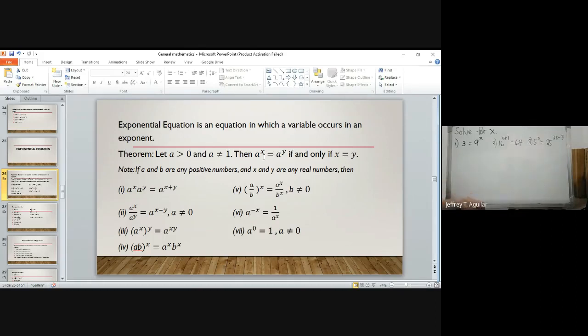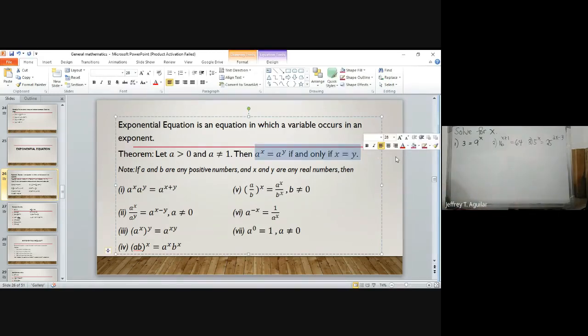Now, what does it mean? It means to say that if you have a to the x equals a to the y, if they have the same base, meaning to say you can equate exponents.